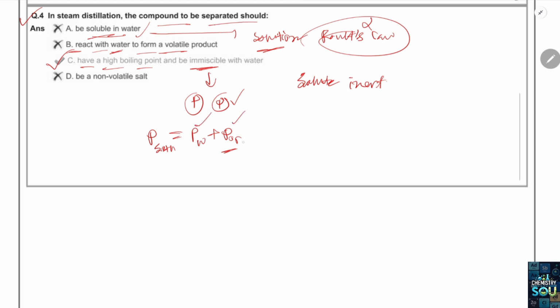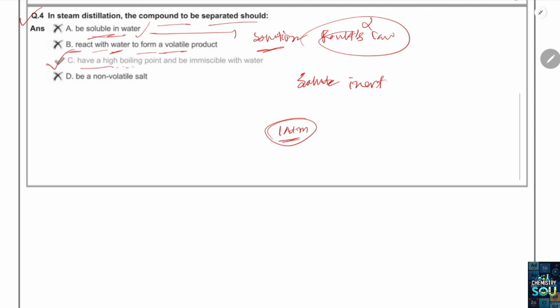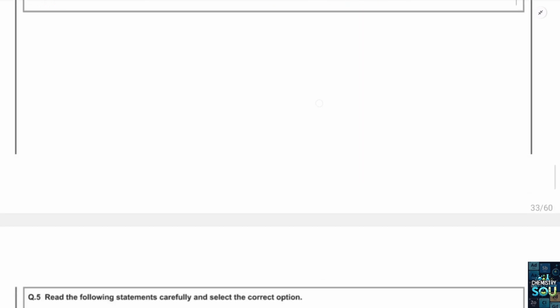So basically if we mix both, it is easy to reach 1 atm if it has a high boiling point. If the organic phase has a high boiling point, it is easy to separate from the water phase. So option C is correct.